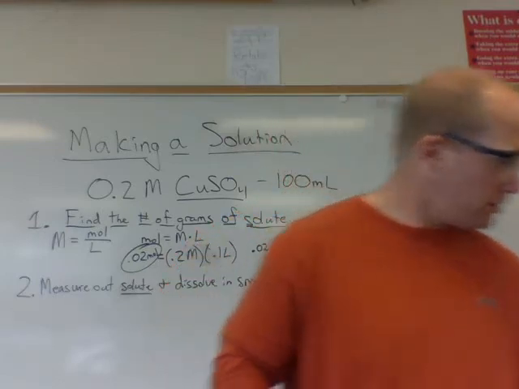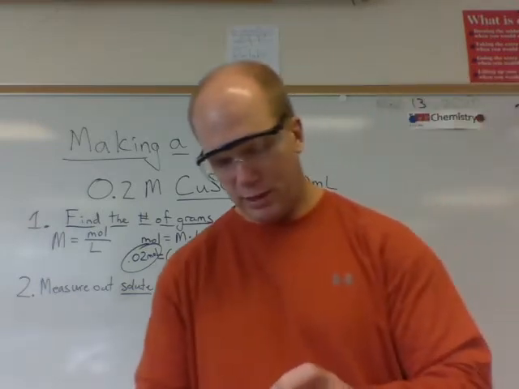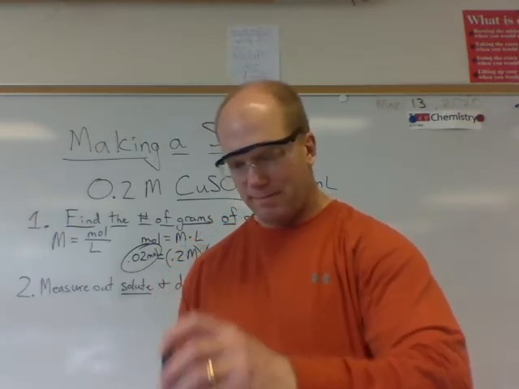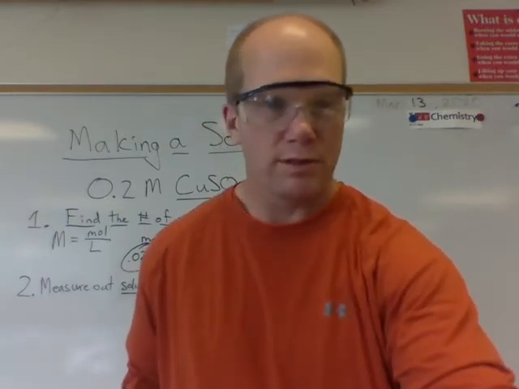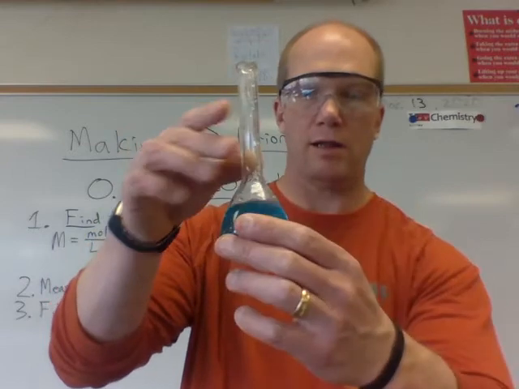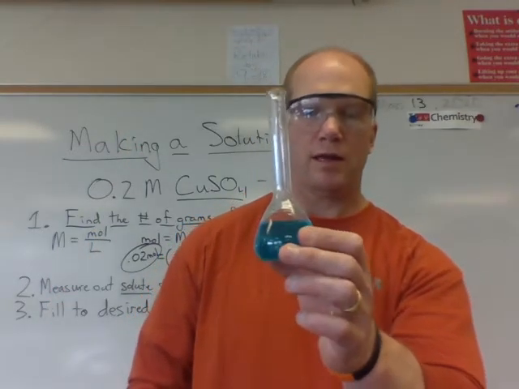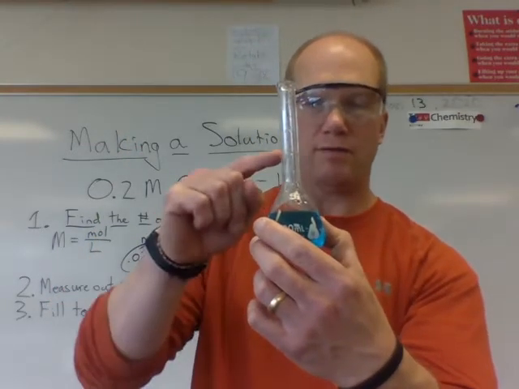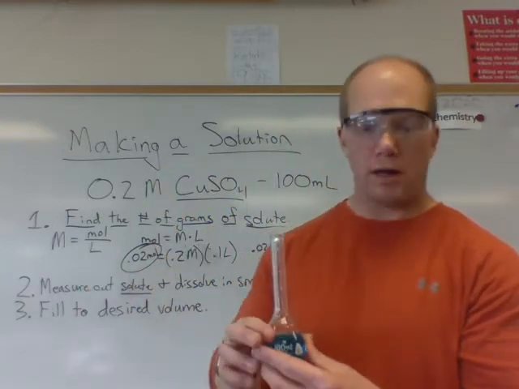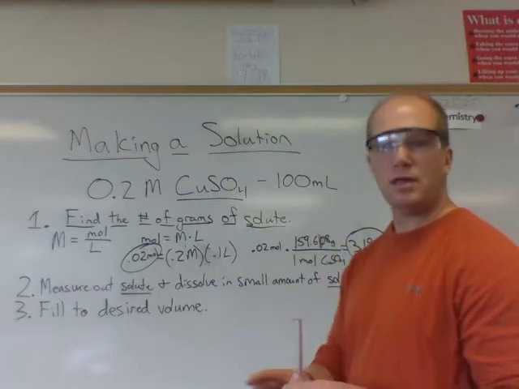We'll kind of mix it around a little bit. Sometimes the stuff gets stuck on the sides. And we'll dissolve it. So here I have my dissolved solute. And if you notice, I dissolved it in a lot less than 100 milliliters. And that's because I want to make sure I have exactly 100 milliliters so I get my exactly 0.2 molar concentration.